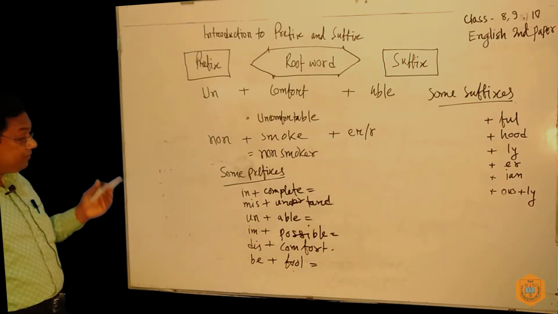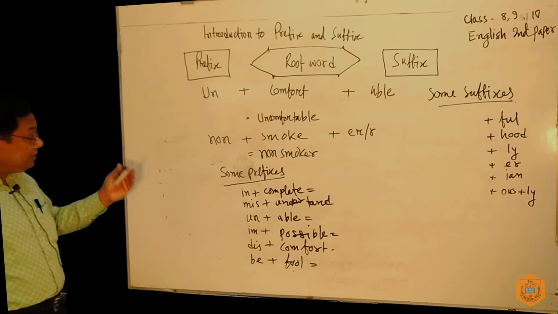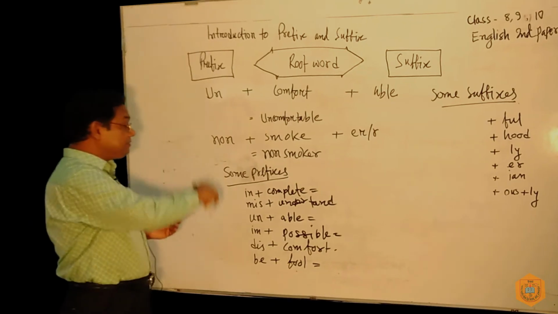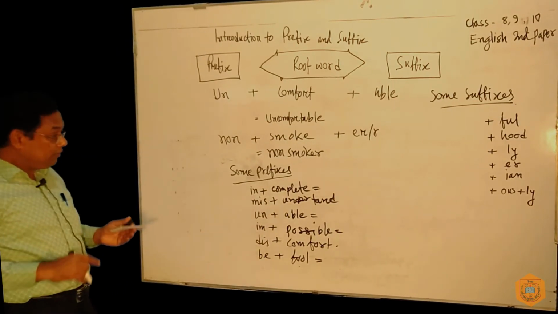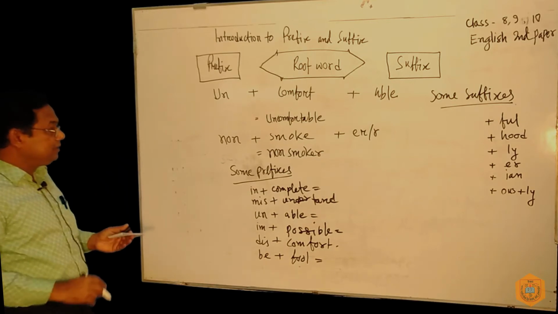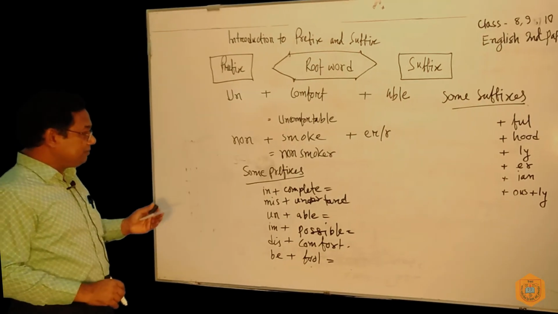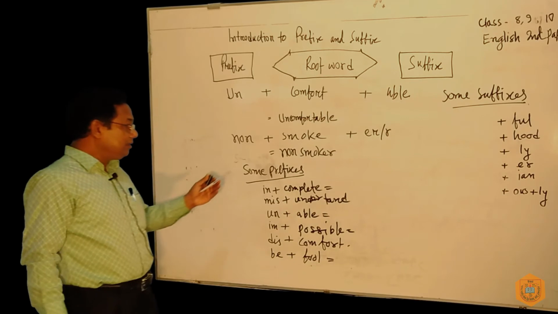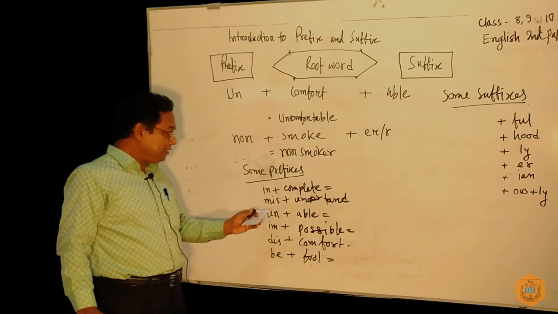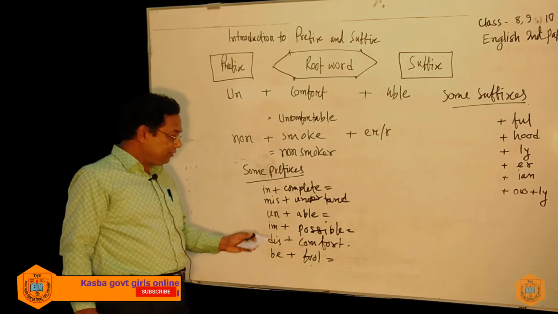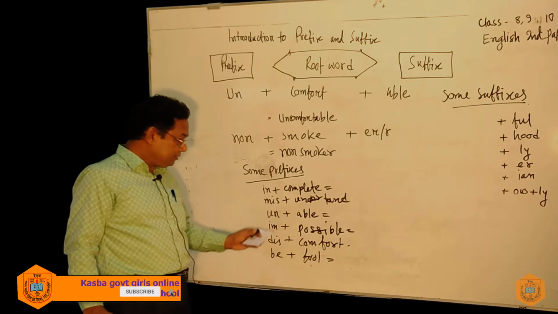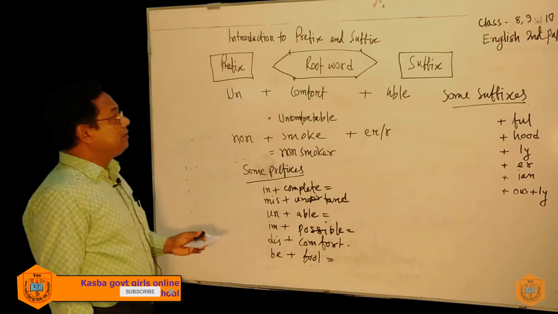Here we have seen that by using some prefixes we have already made new words, like incomplete, misunderstand, unable, impossible, discomfort and be full.